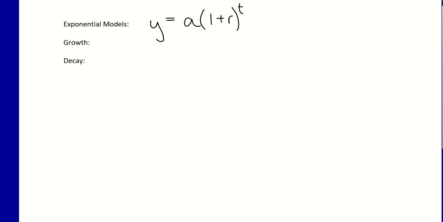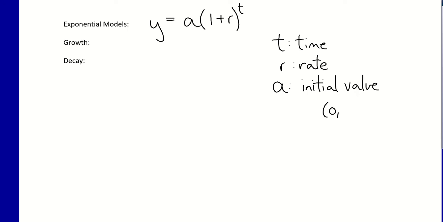In this equation, t is going to represent time. R is going to represent your rate of change. It could be growth or it could be decay. And A, which we didn't have in the parent equation, that represents vertical stretch, but that's also going to represent your initial value that the function is going to go through the point 0, a.